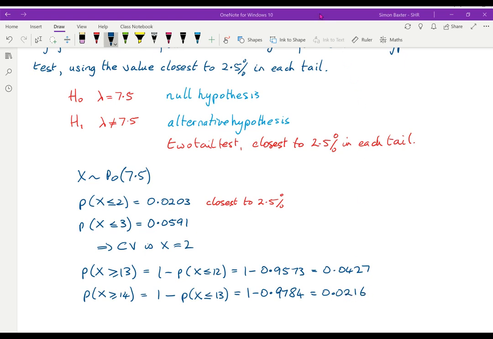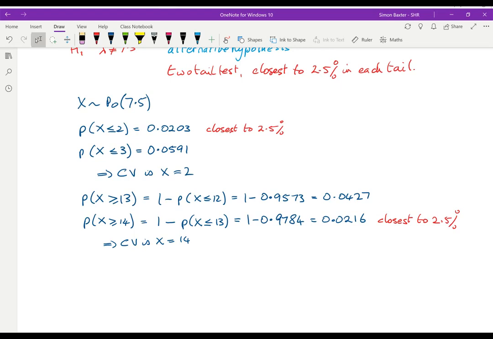This is clearly the closest. So the 0.0216 is closest to 2.5%, and so my upper critical value is X equals 14.